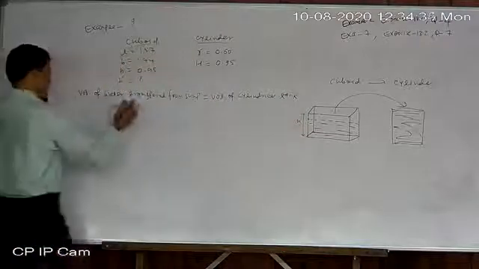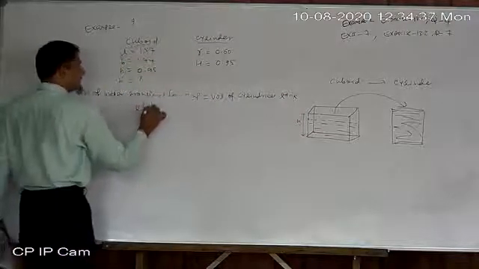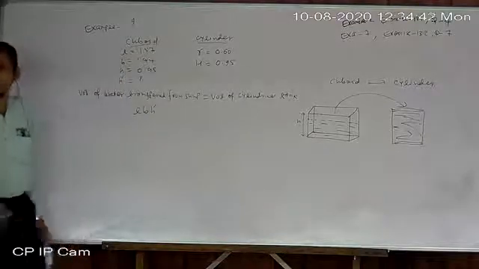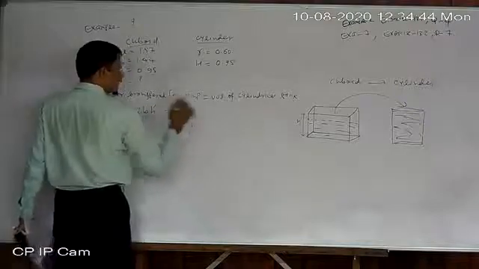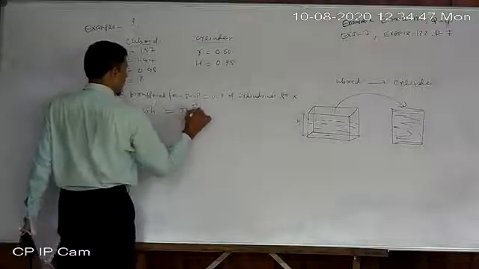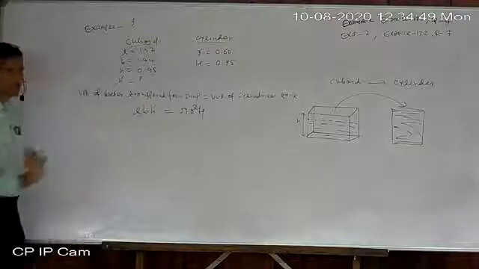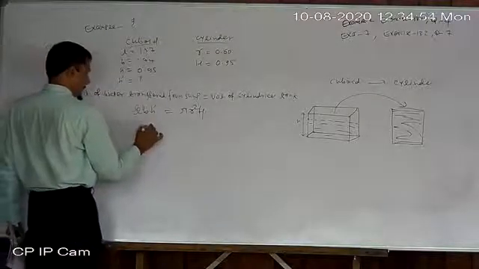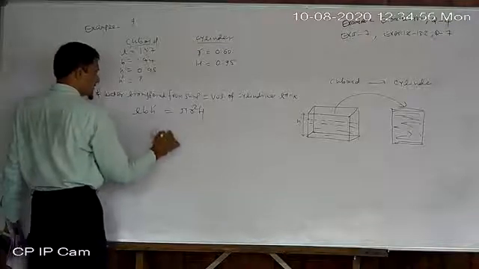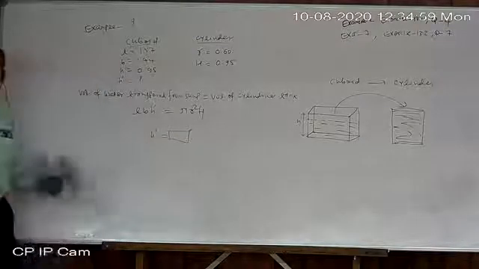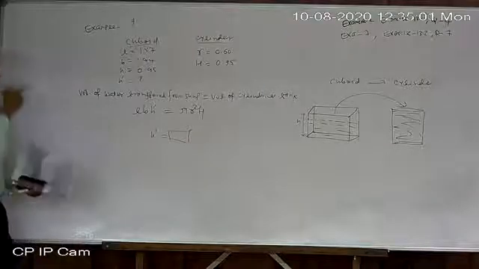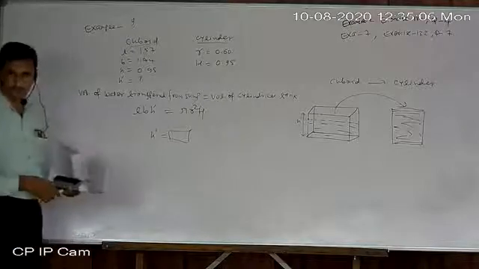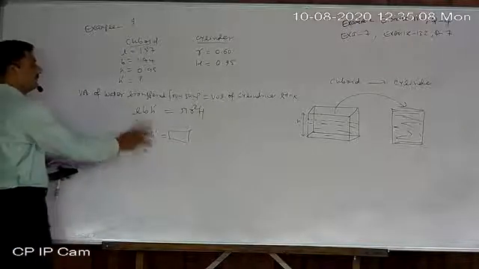So you have to use L times B times H prime, not H. H is not useful right now. Then compare with pi r square h. Nothing is being cut, so at last you will get H prime. Understand properly and write down, otherwise take a screenshot. We are going to solve somewhat differently. So we find H prime.